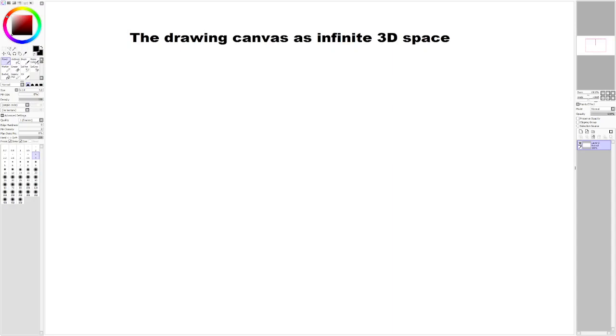Hello. Today I want to talk about the drawing canvas as infinite 3D space. So, a canvas is like everything. There's always a margin of area where you can't draw, whether it be physical or digital.